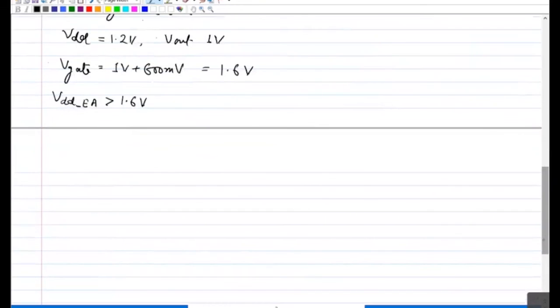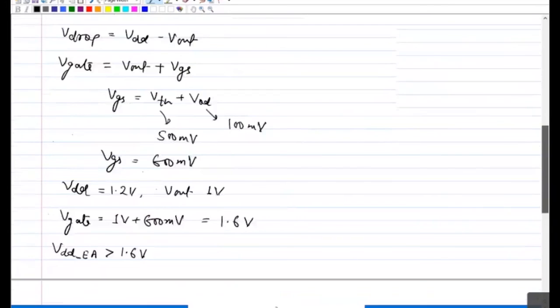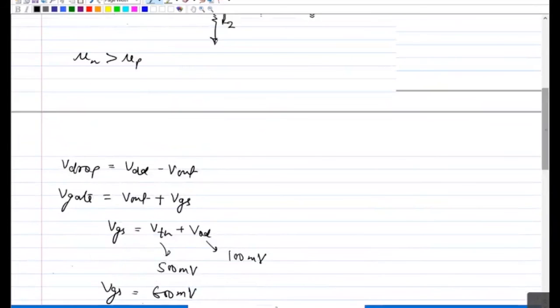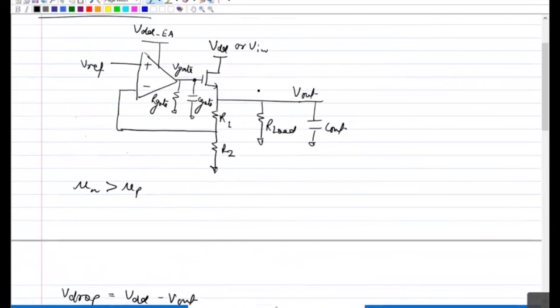So which means if I keep the same VDD, I cannot regulate the output unless your dropout voltage is very high. Let's say your dropout is 600 millivolt. So let's say your VDD is 1.6, output is 1, then you have a 600 millivolt, then V gate required will be 1.6.